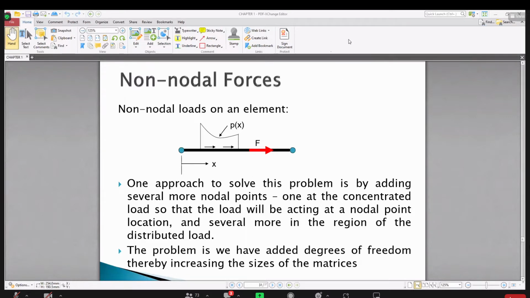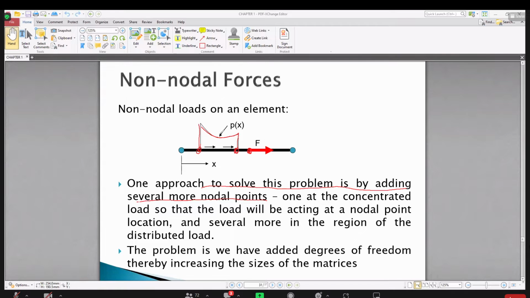Now one approach to solve this problem is you add several more nodal points. So magbutang ka, for example, mao ni karon ang imong load. Magbutang ko dire og mga nodes. So that's one, no?